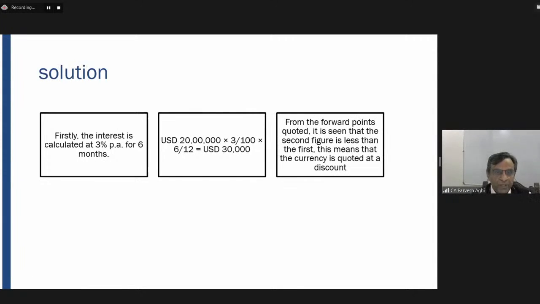From the forward points quoted, it is seen that the second figure is less than the first. This means the currency is quoted at a discount. I told you at the beginning that the dollar is showing a decline in the next 6 months' time.